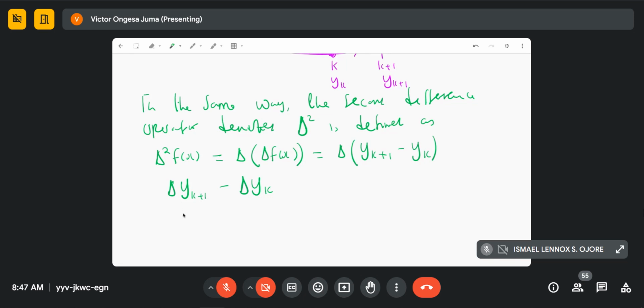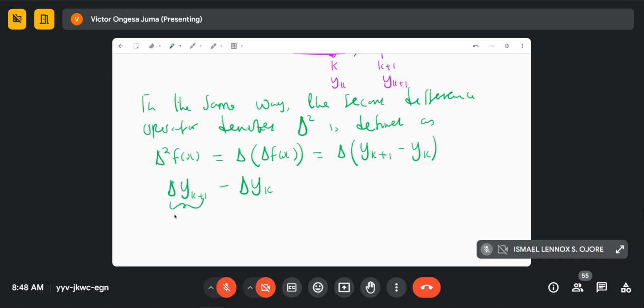It should be forward difference of yk plus 2 minus forward difference of yk plus 1. Only that one. But now the forward difference is gone.